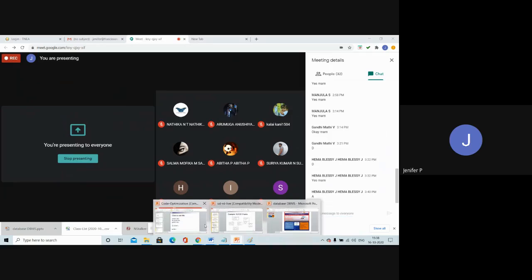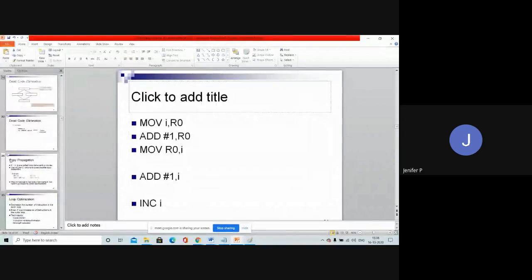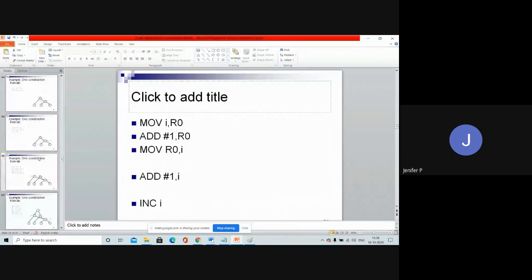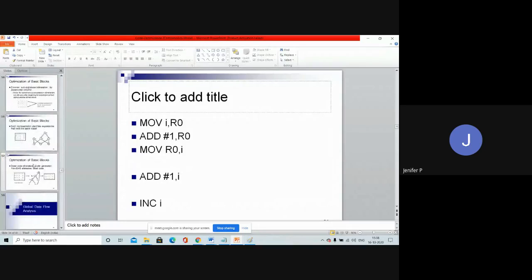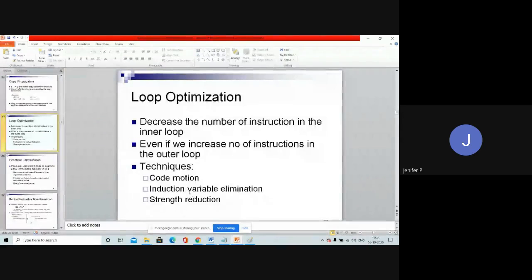Your answer will be A, because look at our loop optimization techniques. Let me show you. The various techniques are code motion, induction variable elimination, and strength reduction.